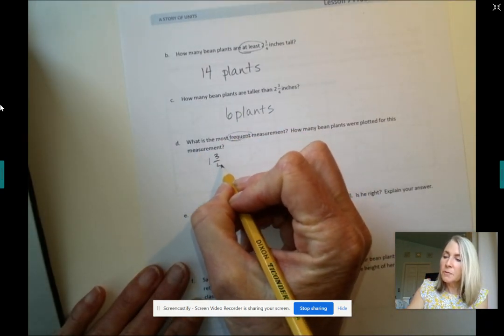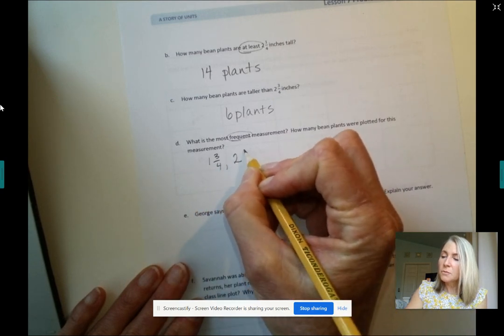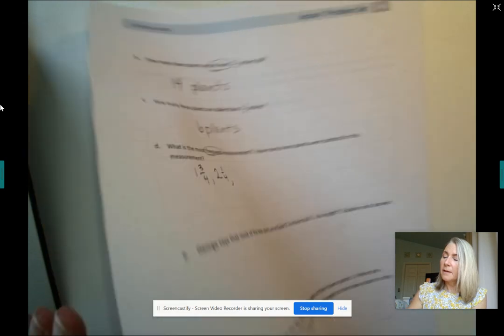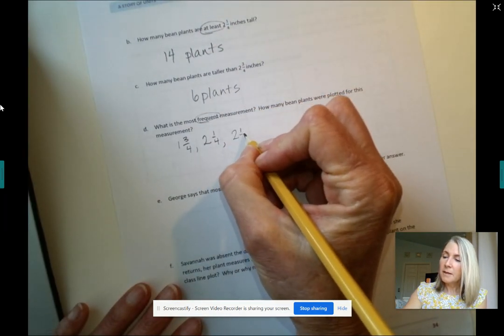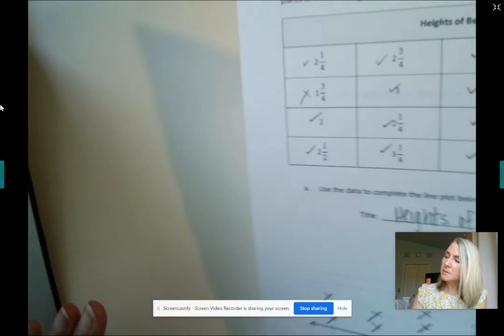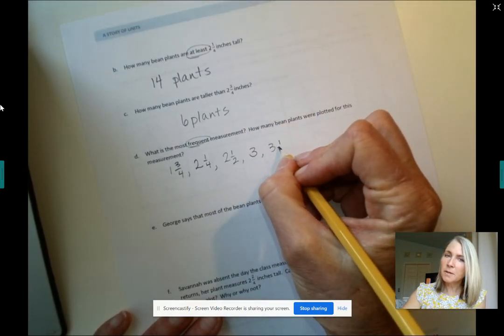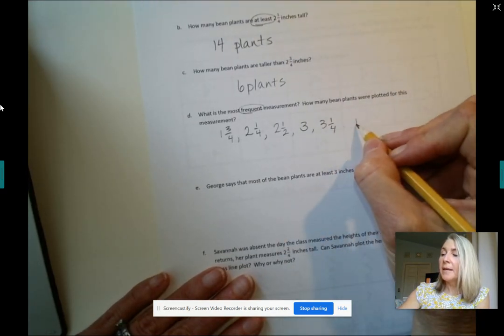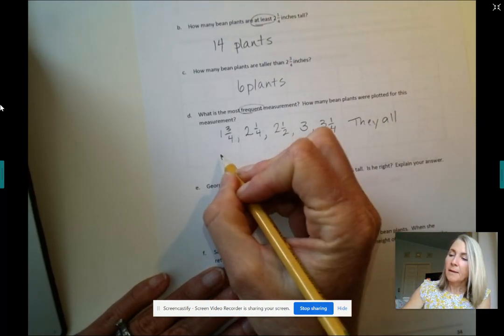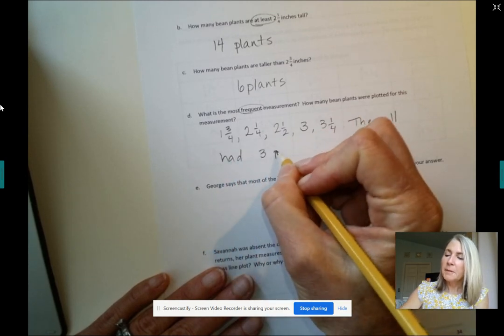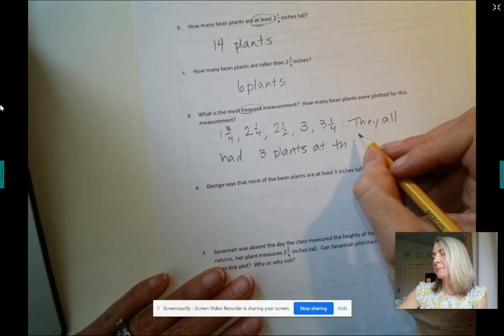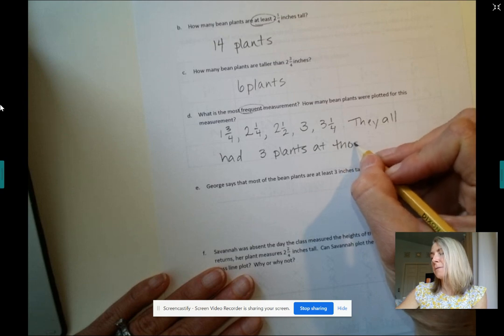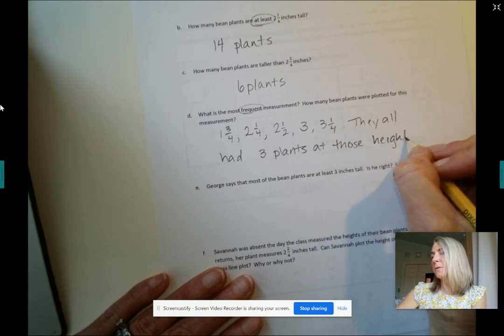And then if we continue on, we have 2 1/2 and 3, and then our last one was 3 1/4. And they all had, do you remember, 3 plants at those heights, since there's more than one.